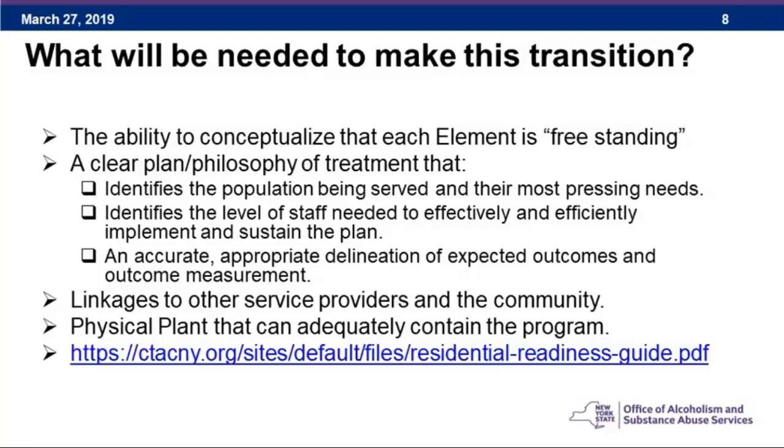So the first bullet talked to having the ability to conceptualize an element as being freestanding, right? And what that actually means is that since movement through the elements of care is not linear, every individual that goes into stabilization is not moving directly into rehabilitation and subsequently moving directly into reintegration.